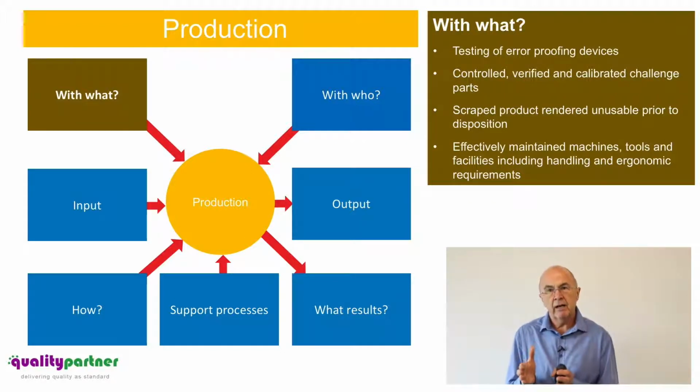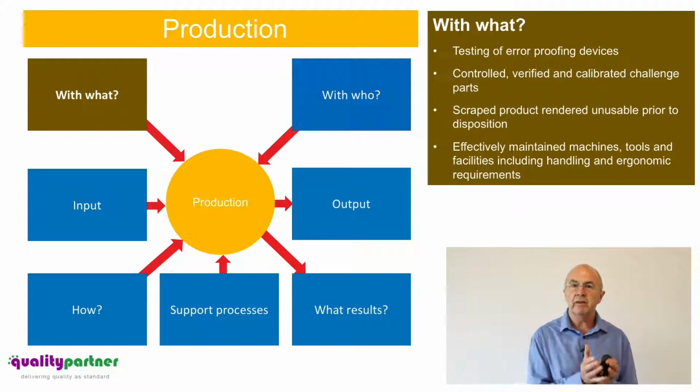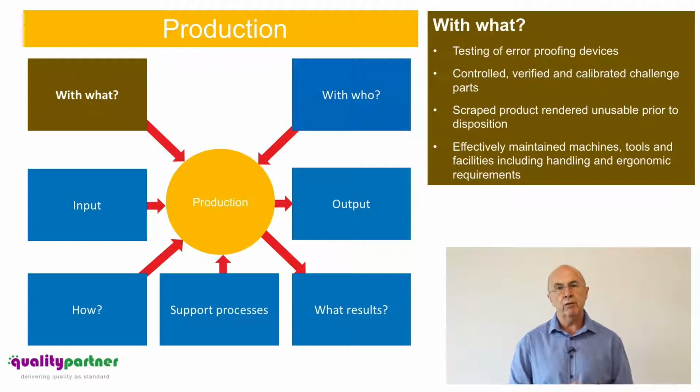Periodically the operator checks that the error-proofing devices are working by putting a good part through the process and putting a no good part through the process, and making sure that the error-proofing device is spotting the good part from the no good part. Many companies do this, but often this process is not formally documented. Now we need to demonstrate documented information that that is working effectively.